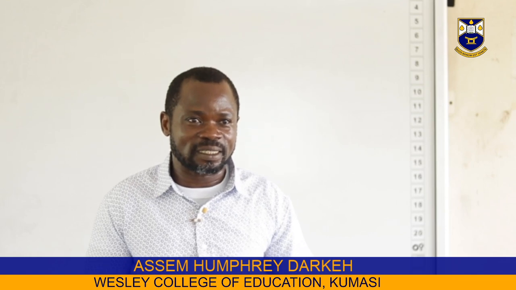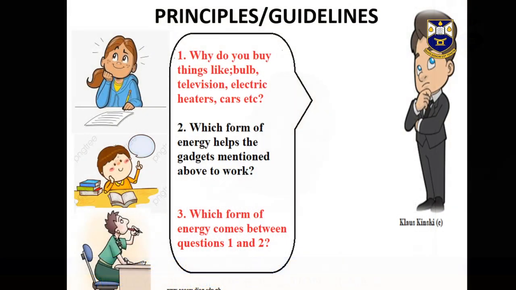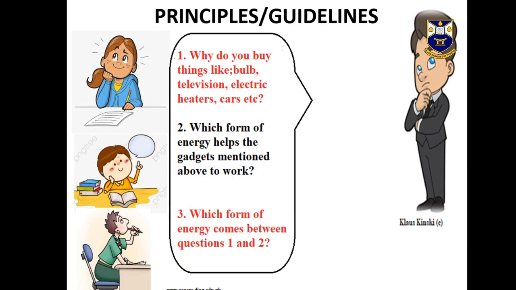The third point, which is also a question, is to find out from students which form of energy comes between question 1 and 2. You are not going to tell your students or ask the questions in this form. You have laid out these two principles.